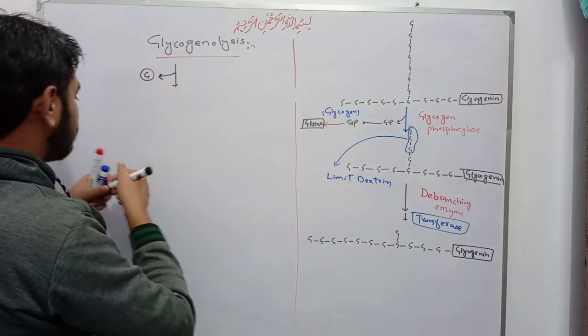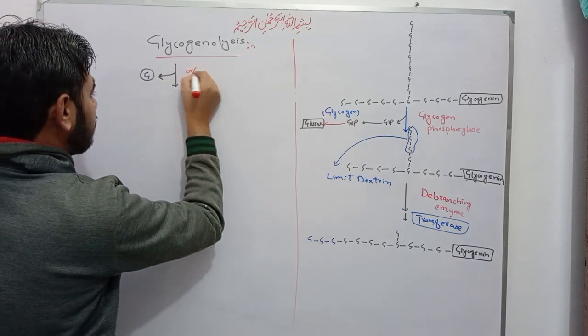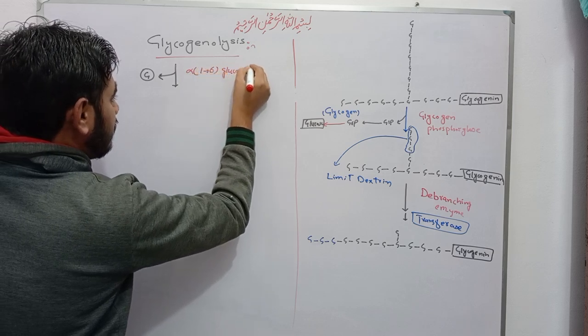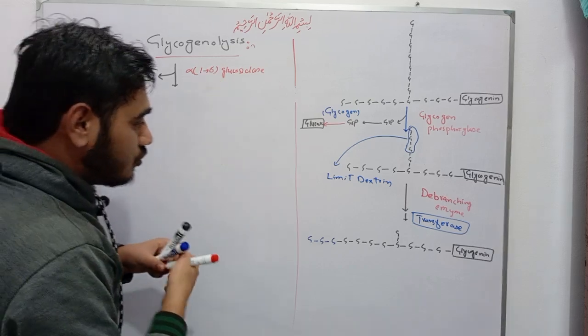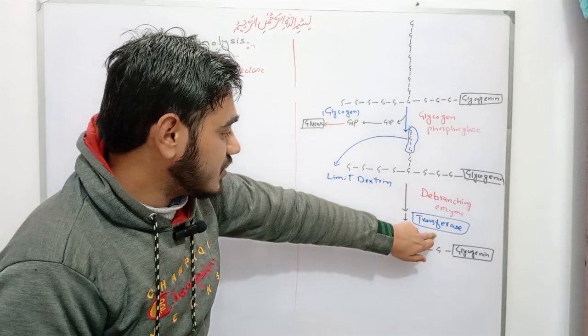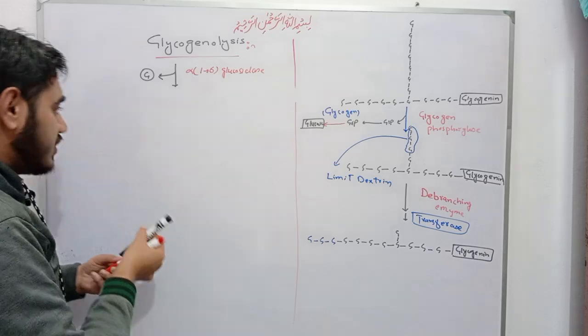So these two reactions are catalyzed by debranching enzyme. First one is transferase activity and another one is alpha 1,6 glucosidase activity.